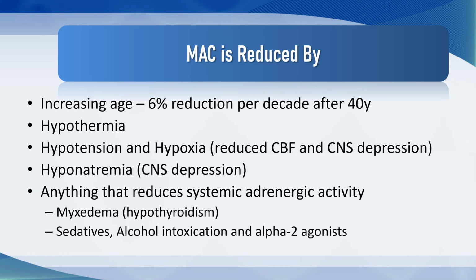Hypotension and hypoxia, due to reduced cerebral blood flow and CNS depression; hyponatremia, that's also associated with CNS depression; and anything that reduces systemic adrenergic activity, such as myxedema, that's hypothyroidism, sedatives, alcohol intoxication, and alpha 2 receptor agonists, such as clonidine or dexmedetomidine.